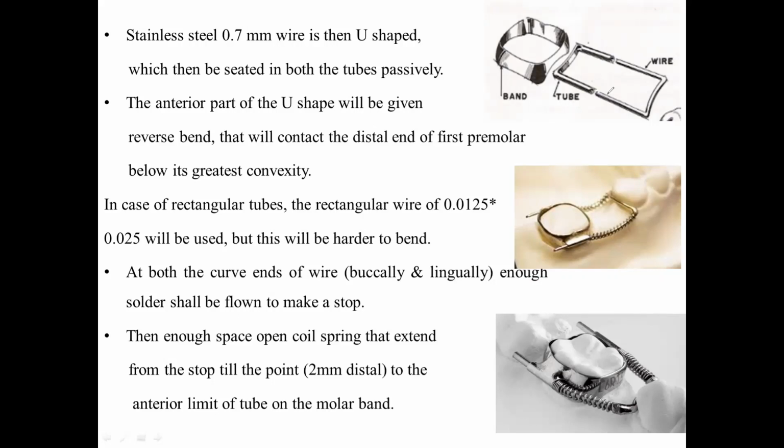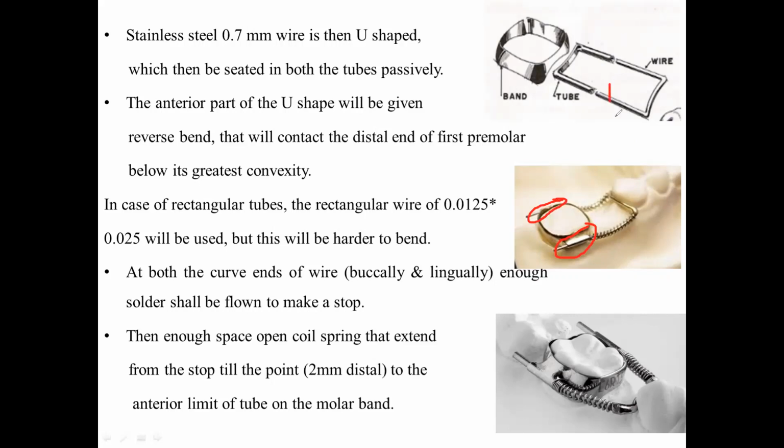How will we do that? This band will be applied to a molar tooth, and you see here this tube. Can you see the picture? The second picture is showing you this tube placed over here. The tubes are soldered over the molar band.